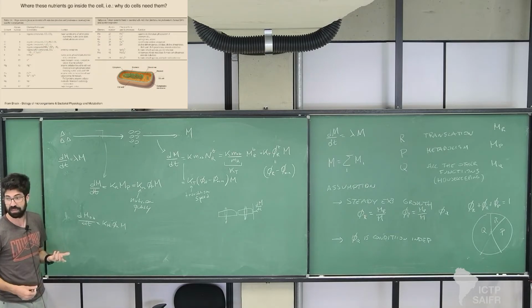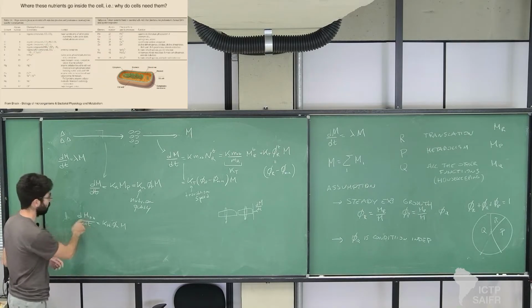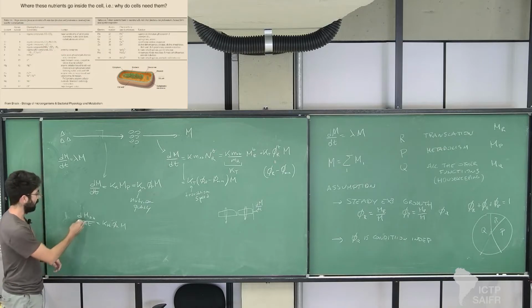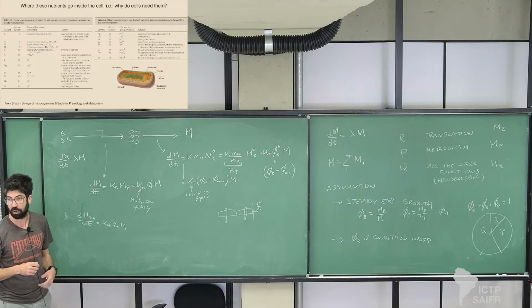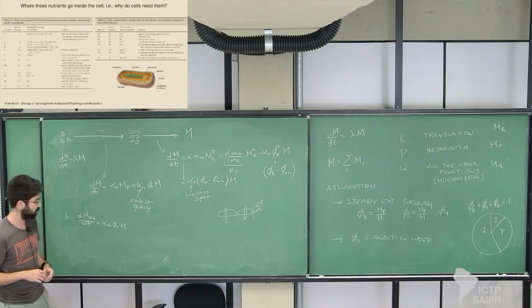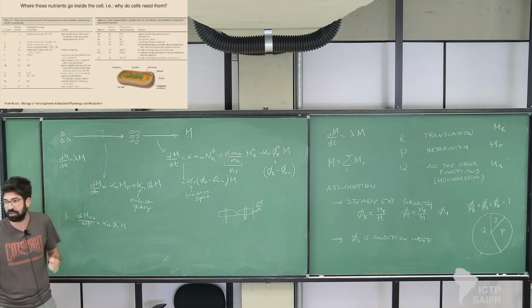Now, since I'm at steady state, the mass of the amino acid pool is a constant times the total mass, right? So it's the same thing, because all these things are a constant fraction of each other.